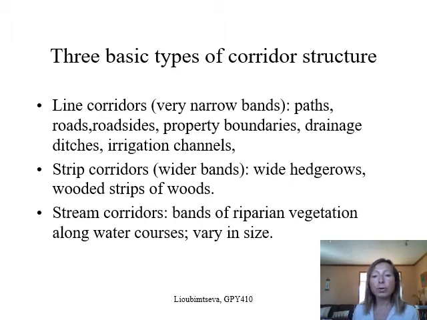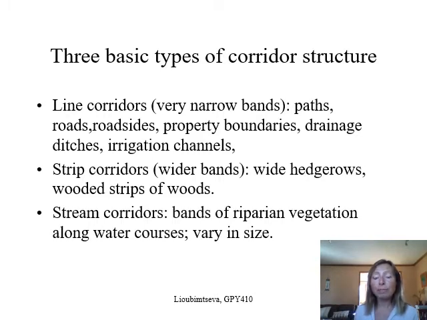The line corridors are the simplest in terms of their structure. Those are very narrow bands as we observe them at the scale of our landscape observation. This can include paths, roads, trails, roadsides, fences, property boundaries, power lines, drainage ditches, irrigation channels, and so on.